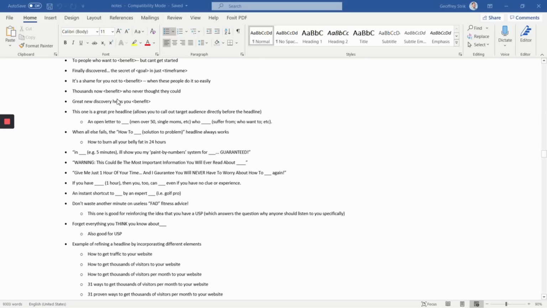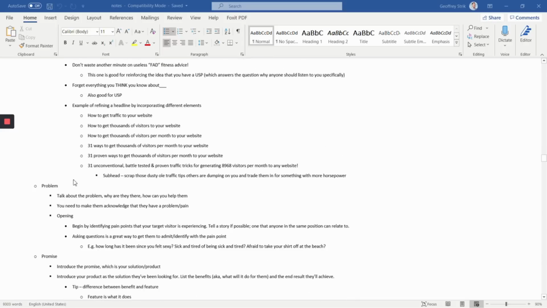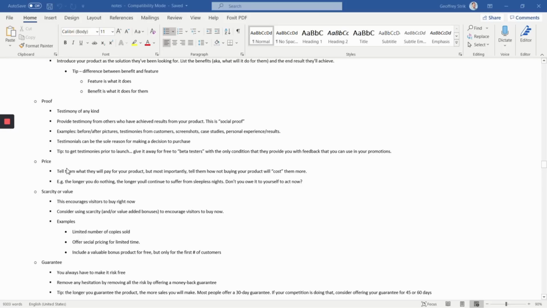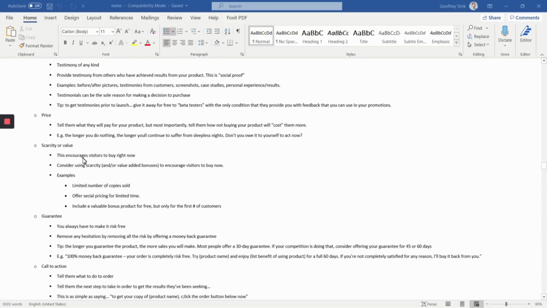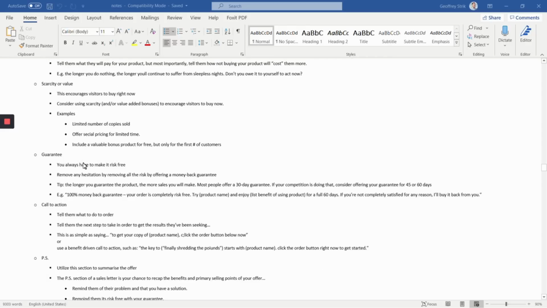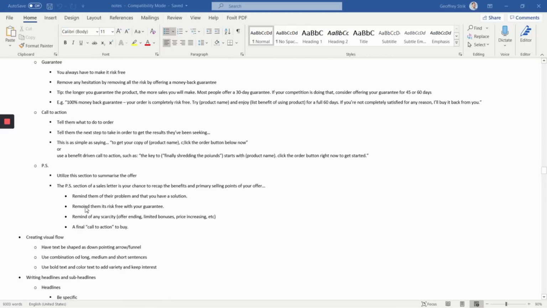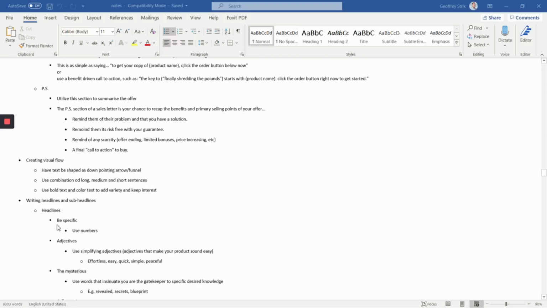As you can see here, there's many different formulas for the powerful headline. We have the problem, we have the promise, we have the proof, the price, scarcity or value, guarantee, call to action, and the PS, right? Then we have the visual flow.